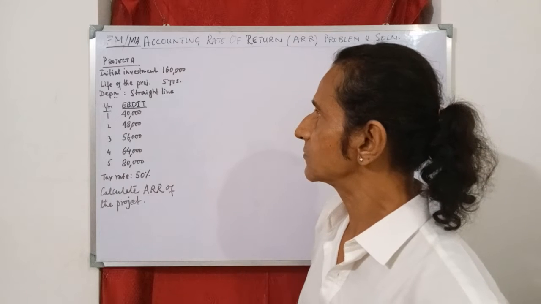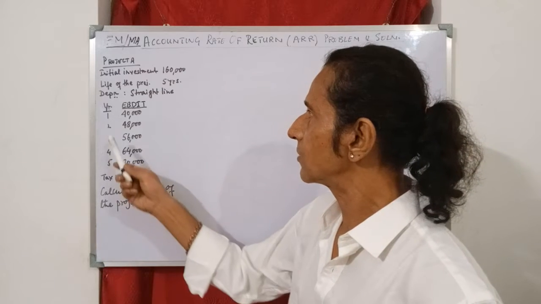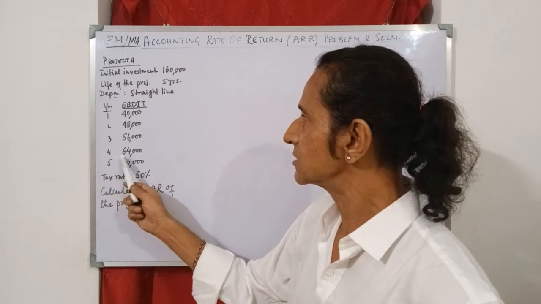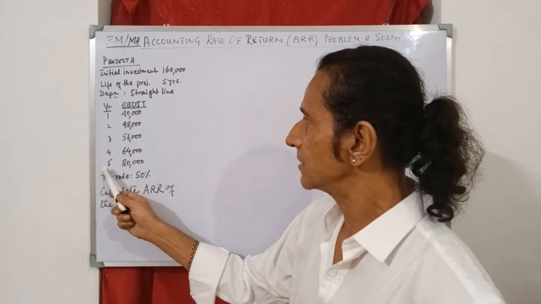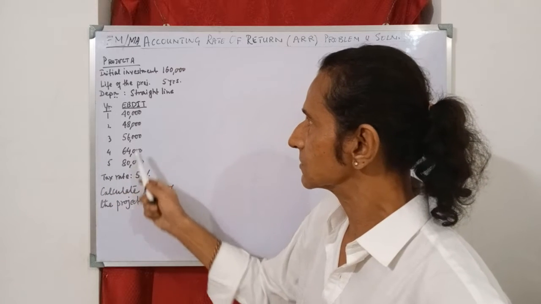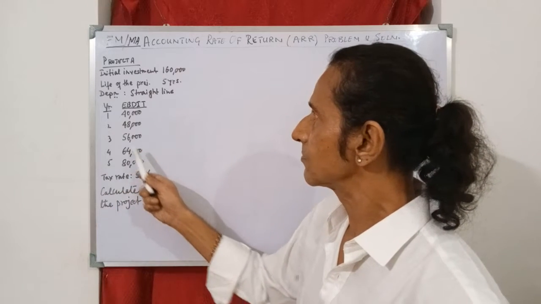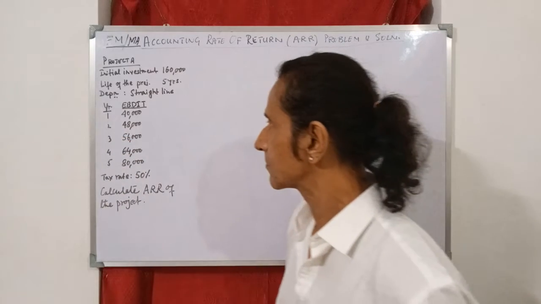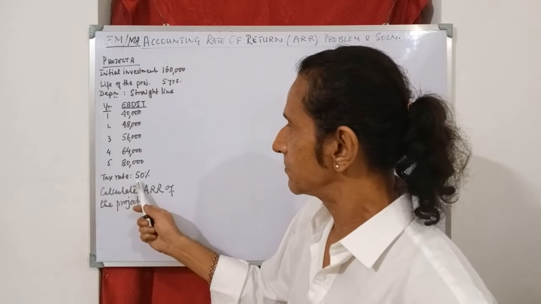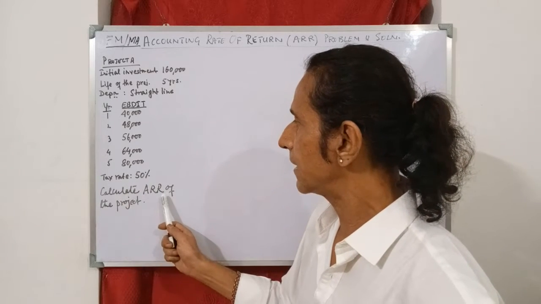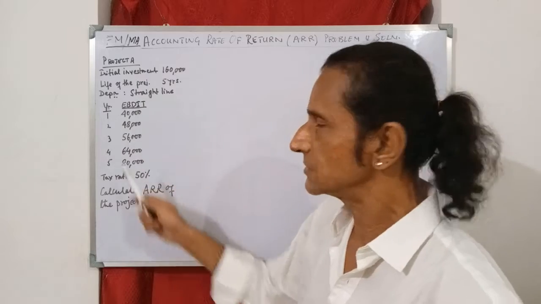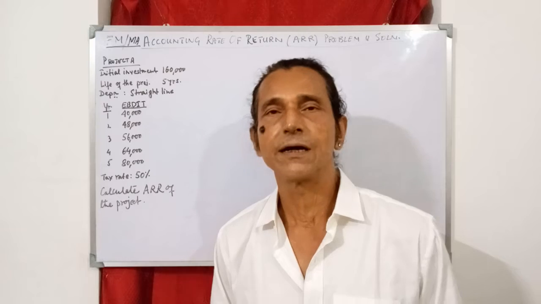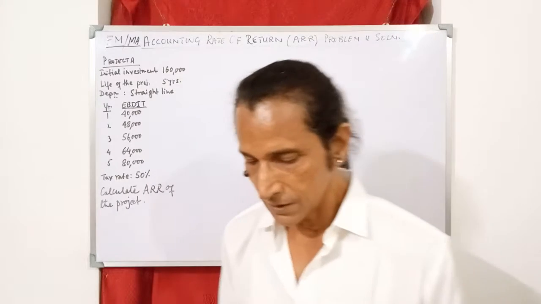In the first year it is 40,000, in year 2 it is 48,000, in year 3 it is 56,000, in year 4 it is 64,000, and finally in year 5 it is 80,000. So these are the EBDITs for the life of the project. The tax rate is 50%. Calculate ARR of the project. So by using this data, we shall calculate the accounting rate of return.